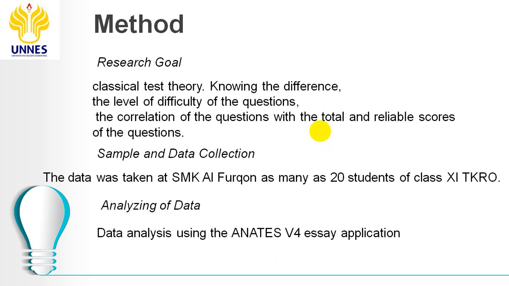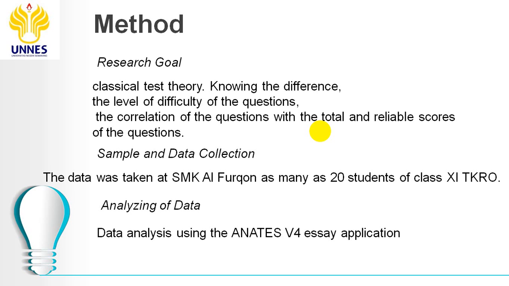Next, method. Research goal: classical test theory. Knowing the difference, the level of difficulty of the question, the correlation of the question with the total score, and the reliability of the question score.